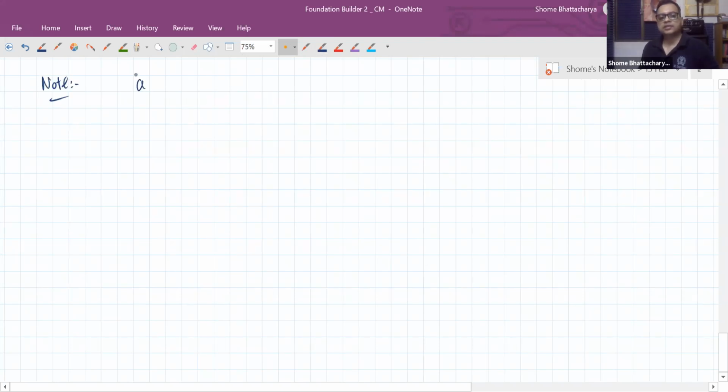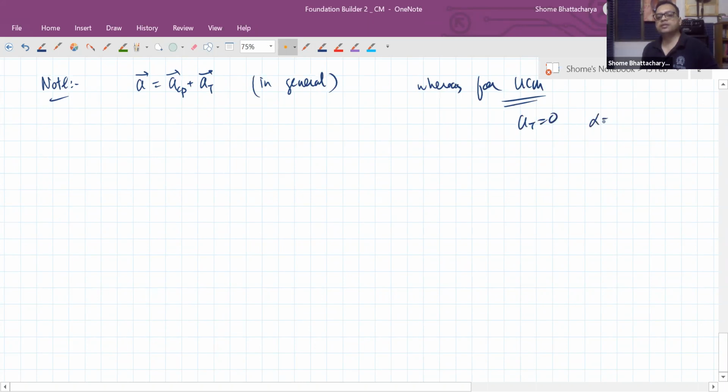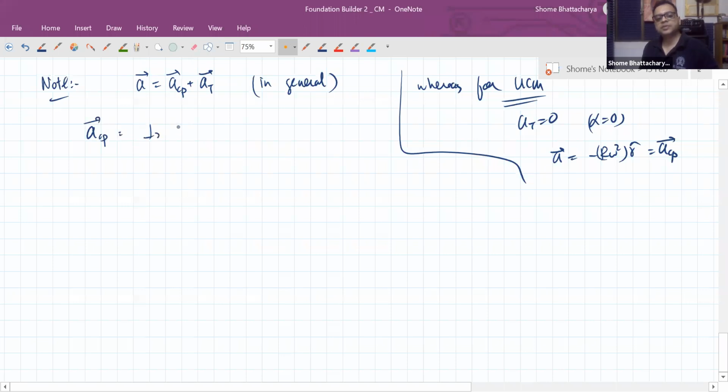Acceleration is the sum of centripetal plus tangential acceleration in general. Whereas for uniform circular motion, the tangential acceleration becomes zero because alpha is zero. So the net acceleration is only minus r omega square r cap, or centripetal acceleration. Now what we have to understand is that centripetal acceleration is perpendicular to the velocity vector because it points radially inwards.